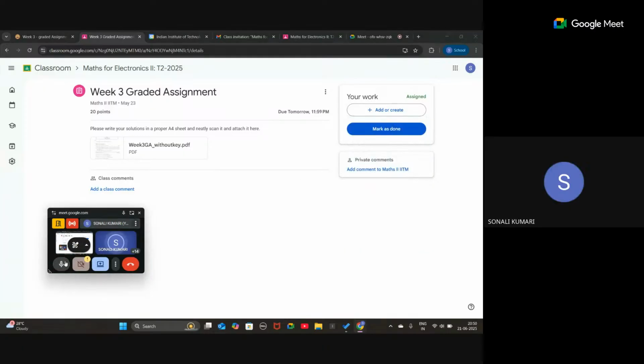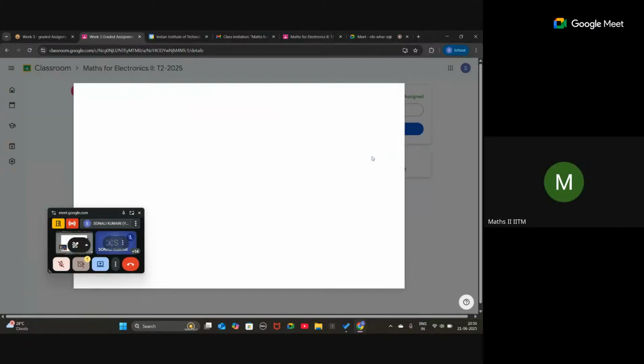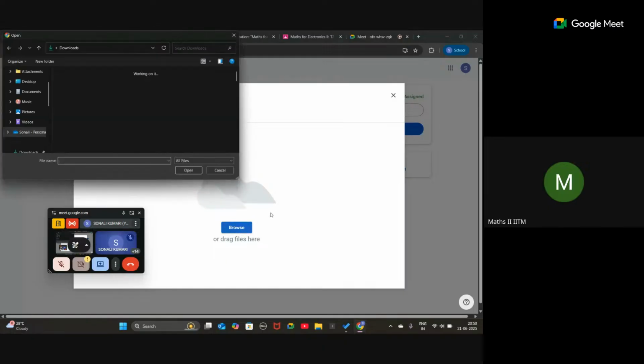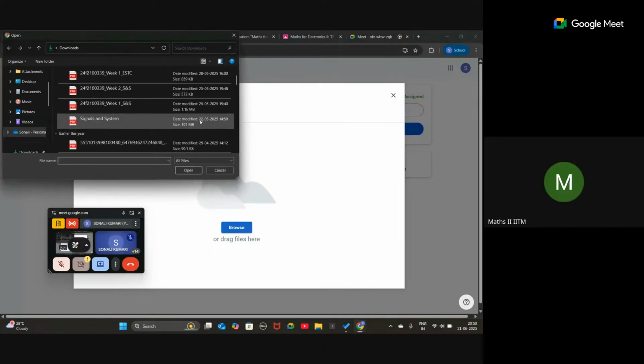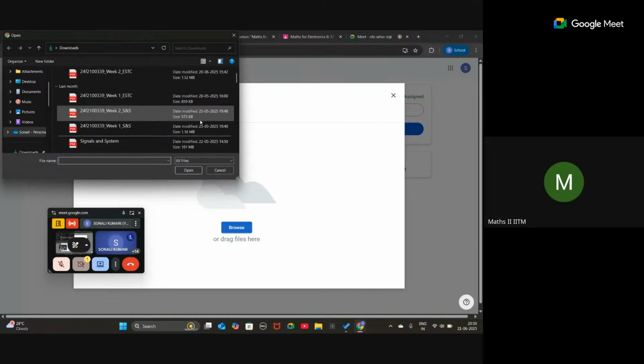Click on file, and it will open your local computer. Just browse it. Find the PDF of whatever you have written and saved on the computer.